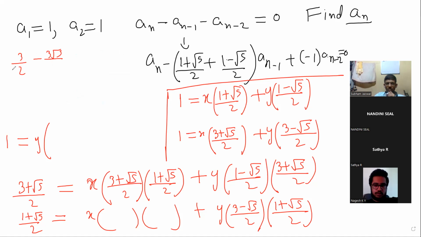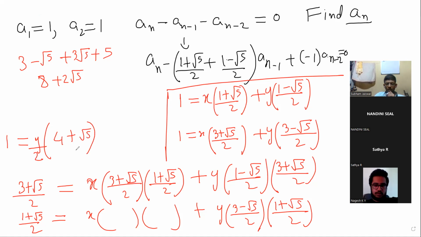So there is that 4 there. y by 4. 8 plus 2 root 5, right? So the 4 will become 2. 4 plus root 5.